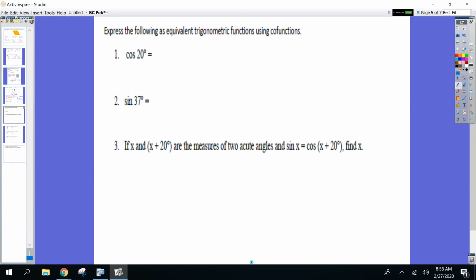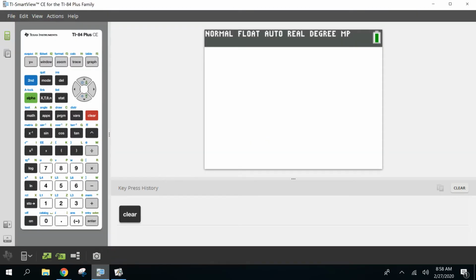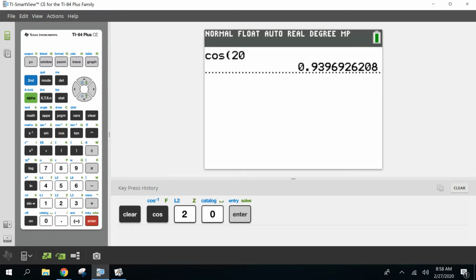All right, I got cosine of 20. I want something else that's equal to the value of cosine of 20. So everyone in your calculator right now, if you have it out, cosine of 20. That's what I get. I want another degree measure with sine, cosine, or tangent that also comes out to be 0.93969.